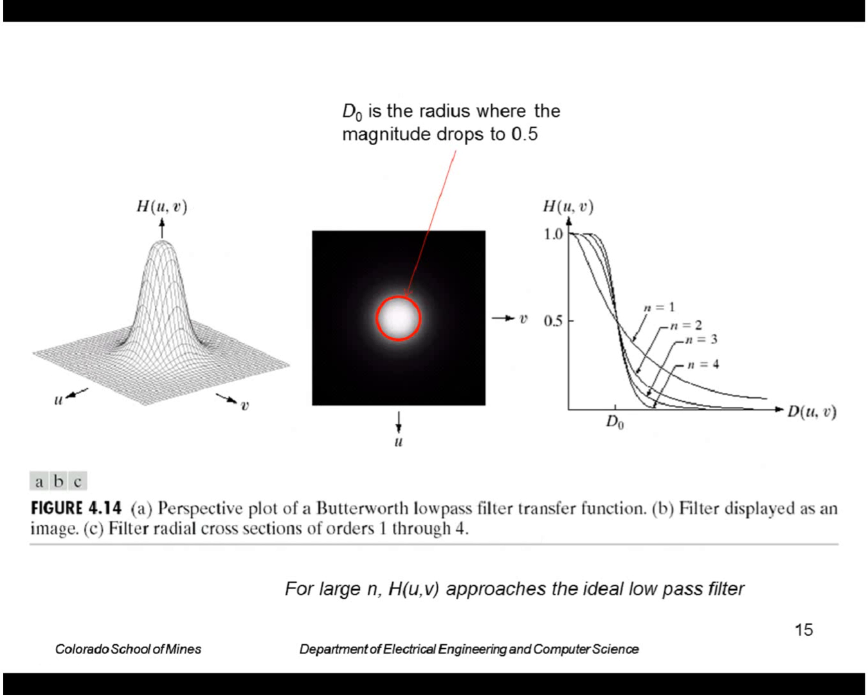So in 2 dimensions, it would look like this. I'm showing here the radius where the magnitude of the filter drops to 0.5. And as the order increases, eventually this will approach the ideal low-pass filter.